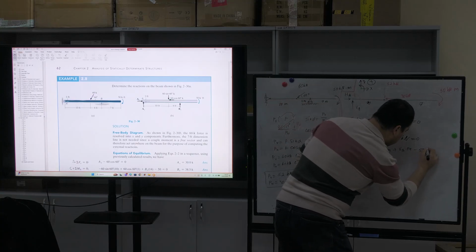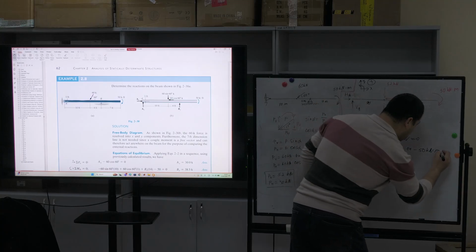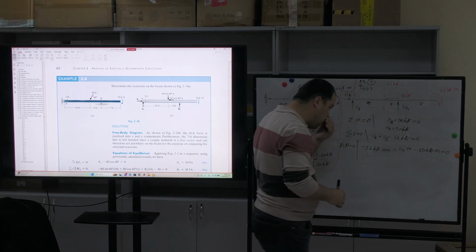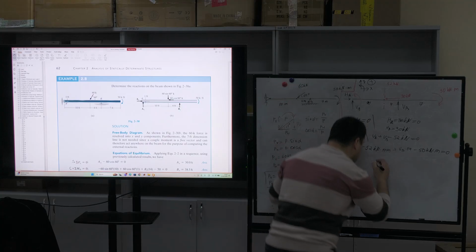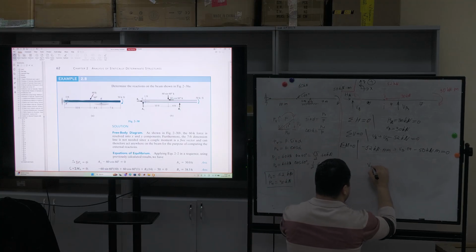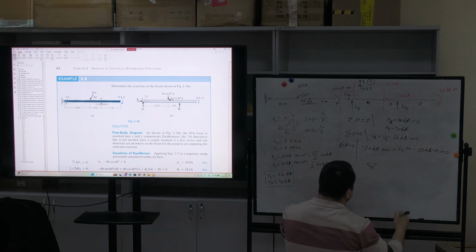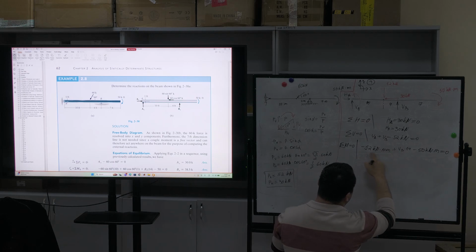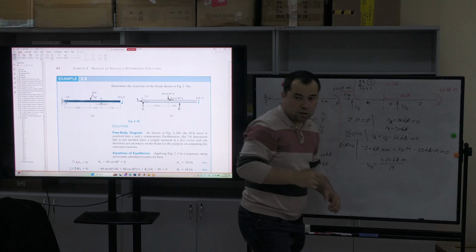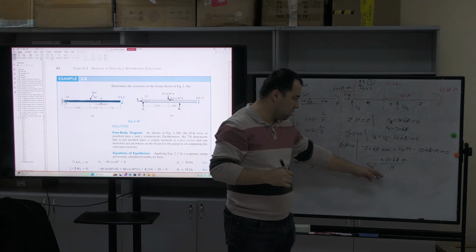Minus 50 kilonewton meter 0 is equal to 0. VB is equal to 470 kilonewton meter divided by, no, 14. I mean overall. Okay, okay.